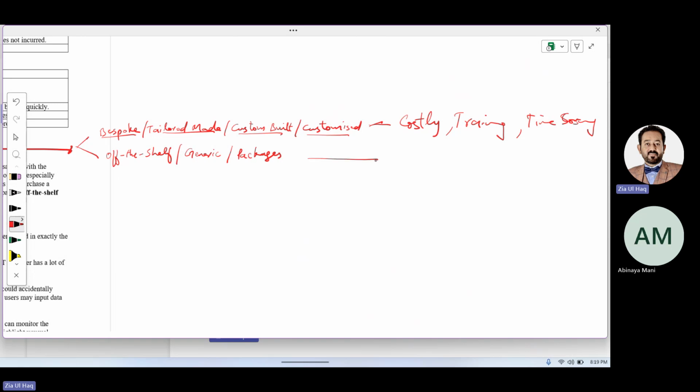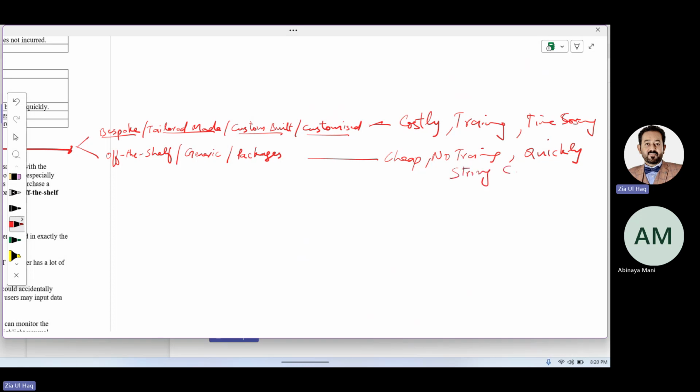While off the shelf are cheap, you can buy a CD from the market. No training is required because the staff have already used them somewhere or have learned during their studies, like Microsoft Office, and they can be implemented quickly, and they have strong controls.